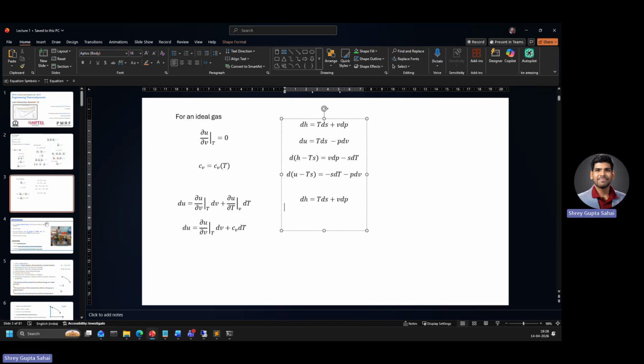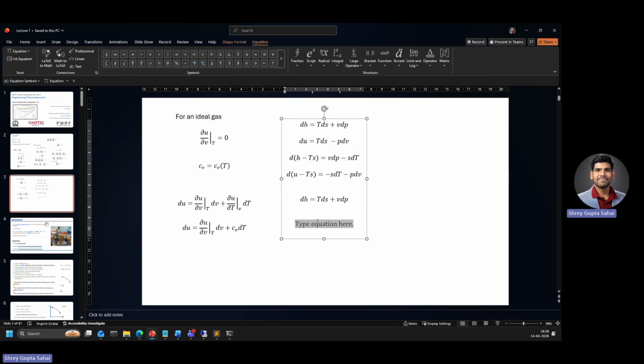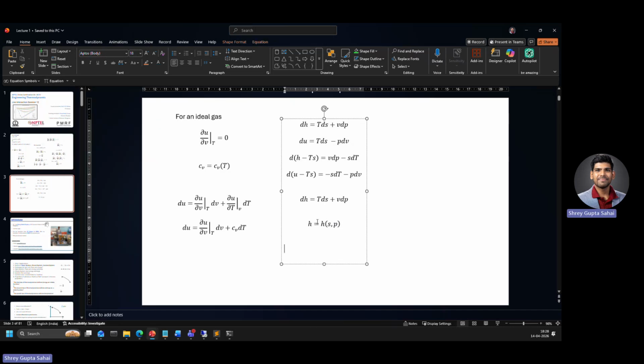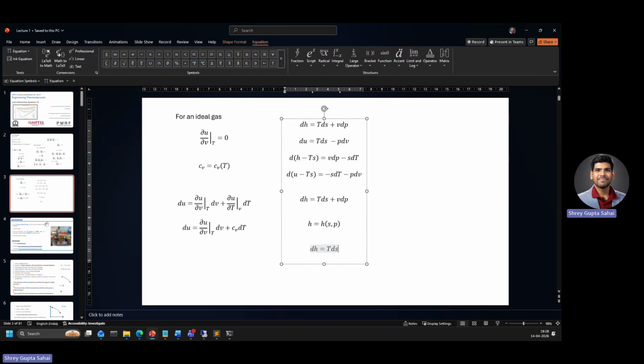If I represent H as a function of S comma P, then essentially I will have dH equals TdS. Oh, wait, it will be partial H by partial S at constant P, and then similarly you will add this thing here.